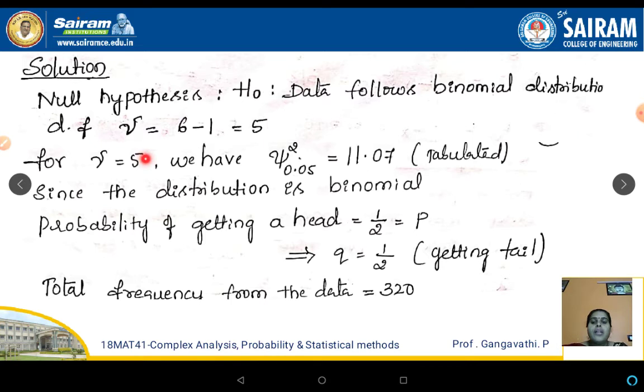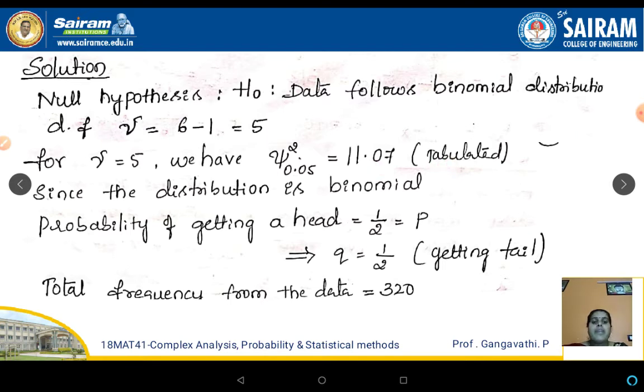For degree of freedom 5, from the tabulated table I showed you in the previous session, move vertically down in the table till you get 5, and at 5 move horizontally till you get the 0.05 significance level. There you see the value 11.07, which is the tabulated value from the table.